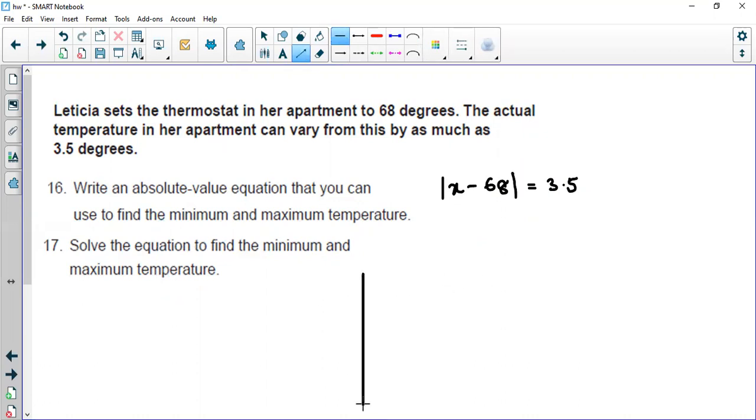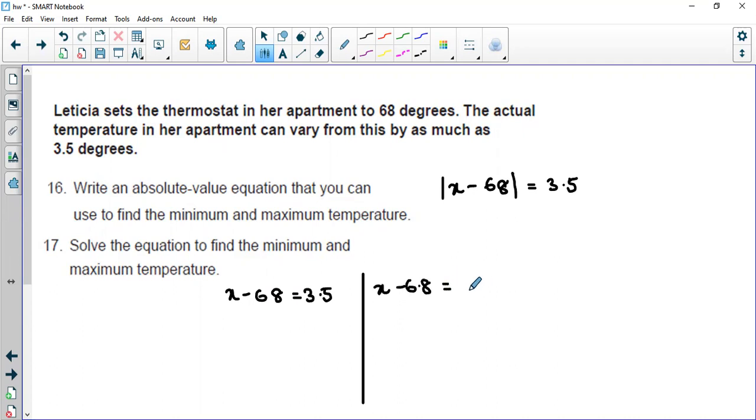Just as we have solved many equations, now we are just going to do the same. So on one side we will have x minus 68 equals 3.5, and on the other side we will have x minus 68 equals minus 3.5. Okay, so let's solve this. x is going to be equal to 3.5 plus 68. As you know, there is a decimal here and there is no decimal here. So how do you add these numbers? We write the bigger number, of course, 68.